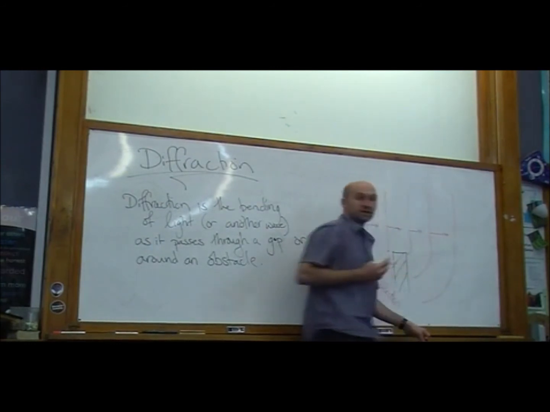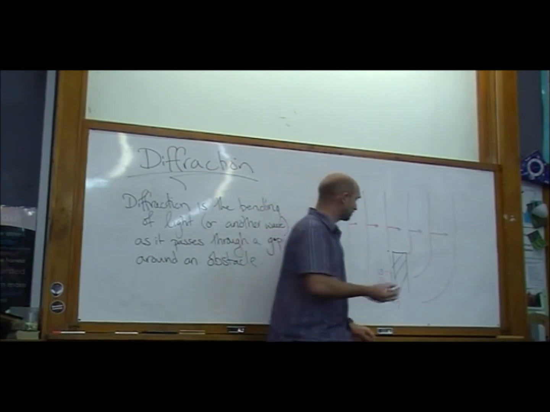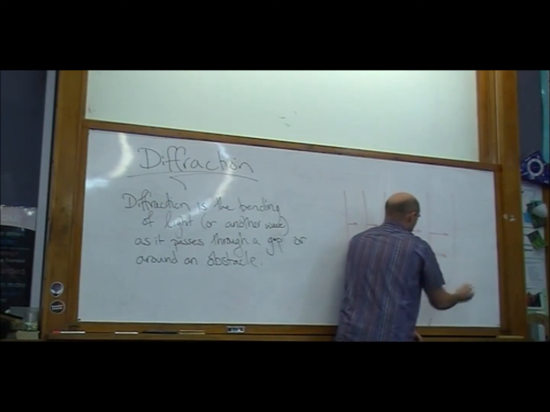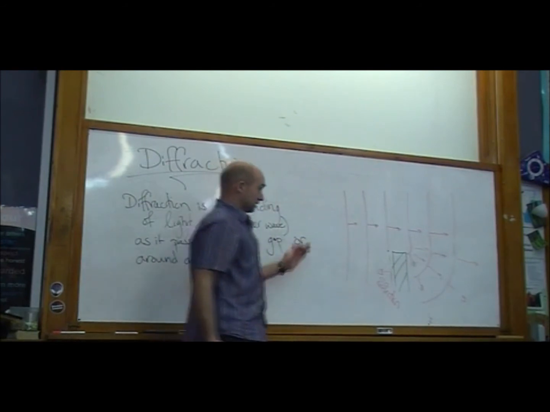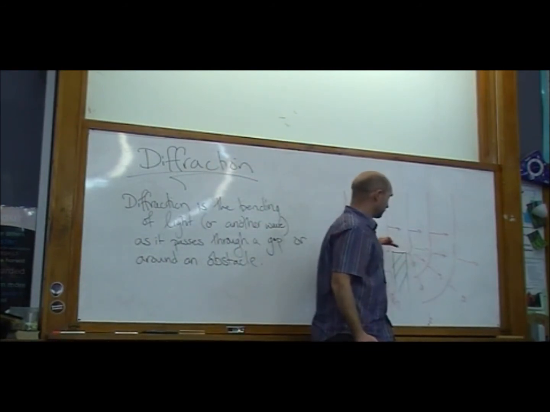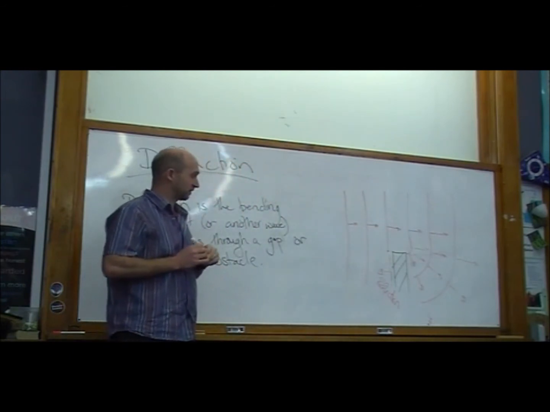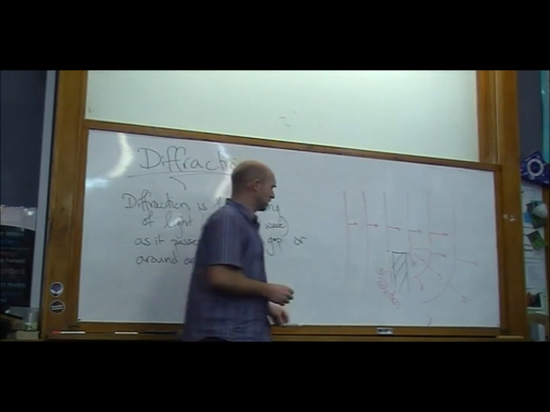So the piece of wave that's glanced off the edge there has changed direction. Now we've got bits of the wave travelling down as well as across, even though the original wave was only travelling across. That's what diffraction around an obstacle might look like.